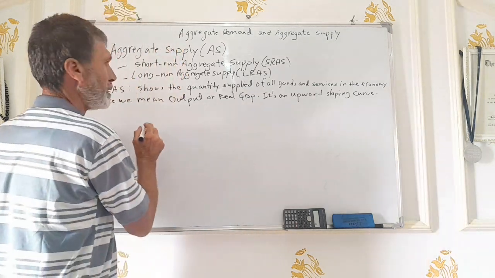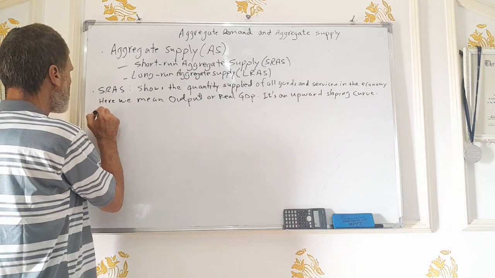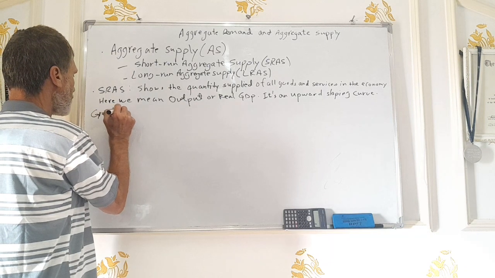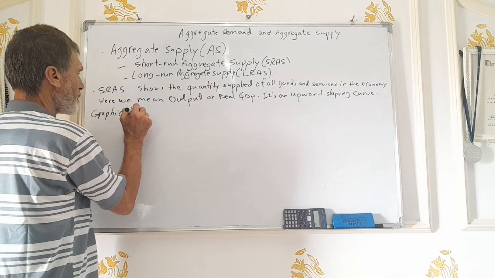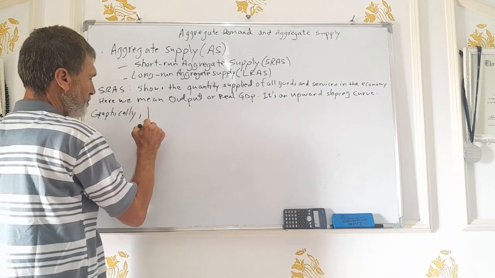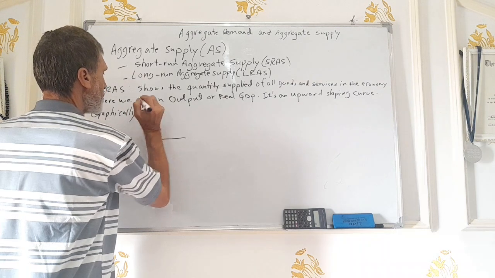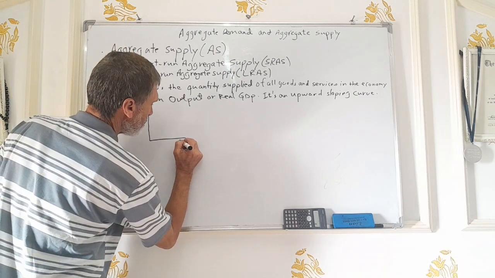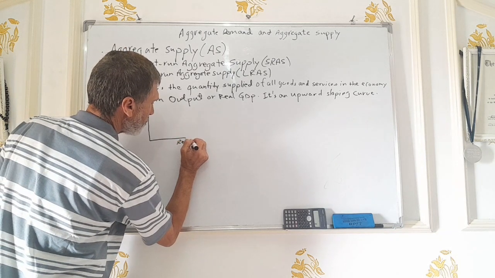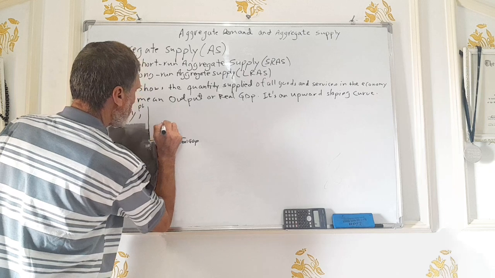So graphically, it's like this. This is the price level, and here real GDP. It is upward sloping, as you can see.